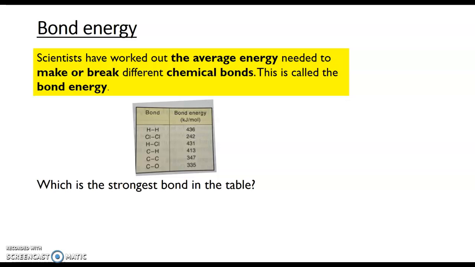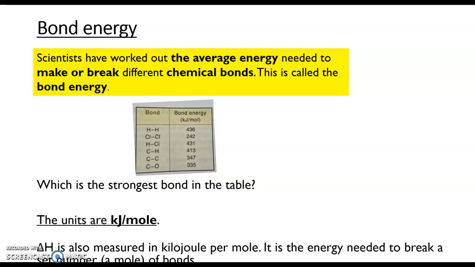And look at the chlorine molecule, that has the least bond energy. What I want you to notice here is the unit. We say the unit is kilojoule per mole. All that means is that the change in energy is measured in kilojoules per mole. It's the energy needed to break a set number, a mole, of the bonds.